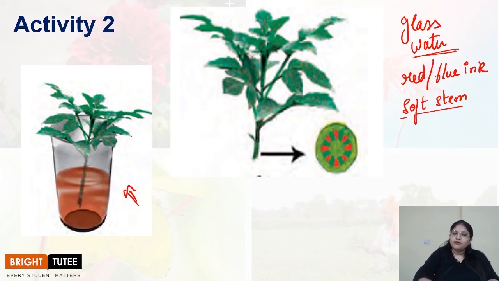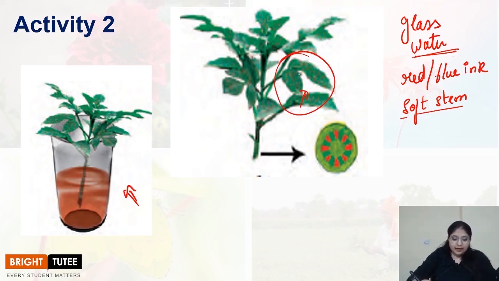Now when you leave it overnight, what you're going to observe, as you can see, is that the color of that particular ink has risen up towards the leaves, right?